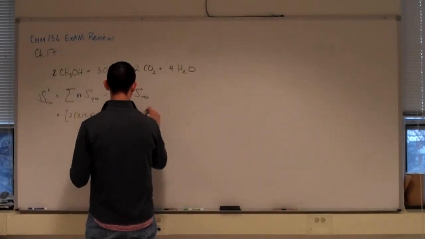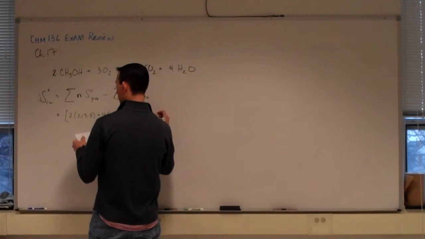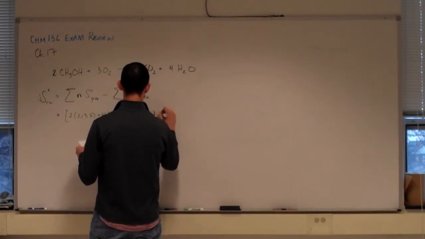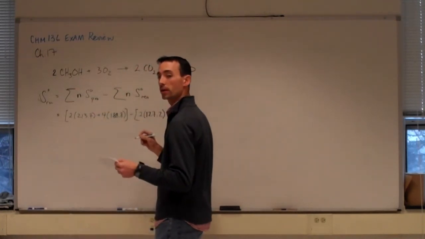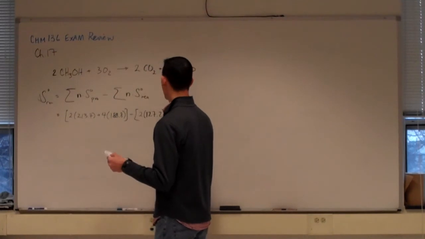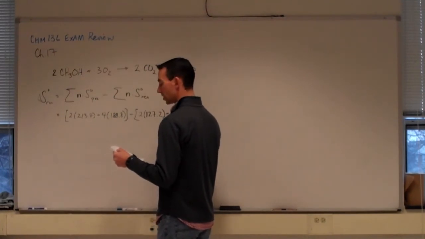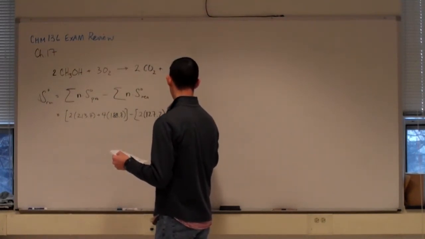minus 2 moles of methanol at 127.2 joules per mole Kelvin, and 3 for oxygen, 205.1.